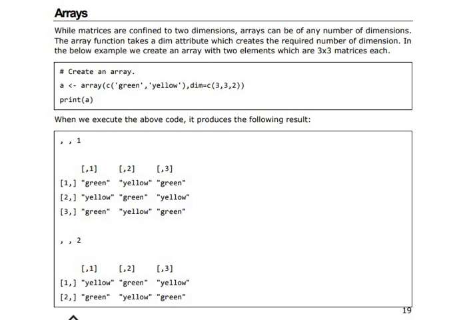So we are creating an array with two elements which are 3 cross 3 matrices each. You can see the output. So we have green, yellow, green, yellow, green and so on. So we have only two elements which are 3 cross 3 matrices.